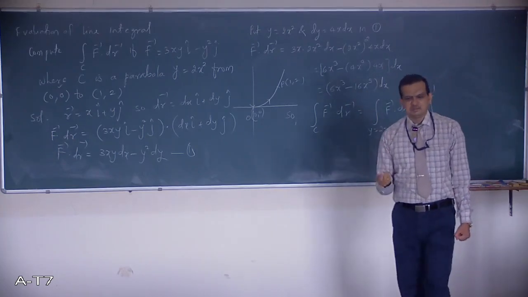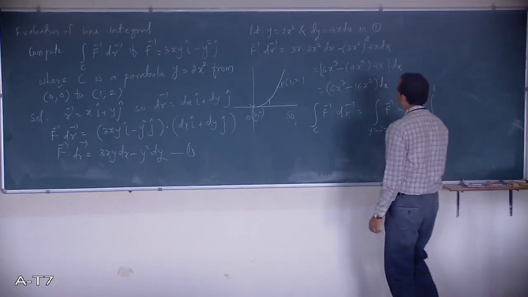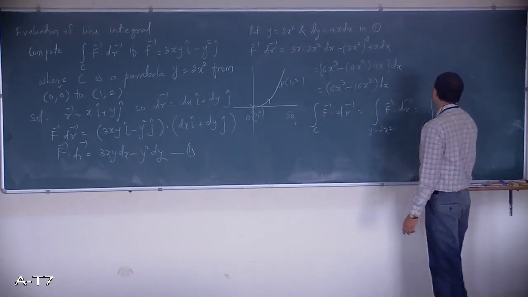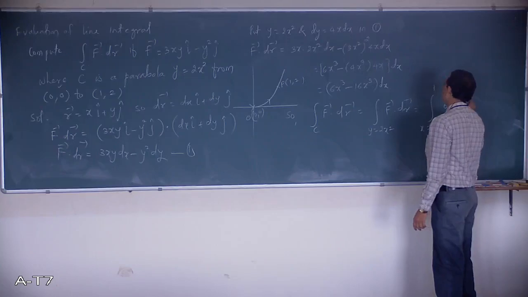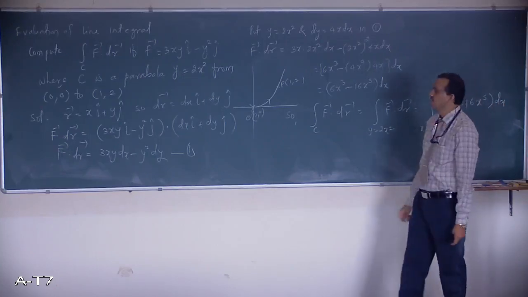I hope this is very simple. No explanation required for this. X is 0 to 1 because we are taking everything in terms of x. We get this as 6x cube minus 16x raised to 5 dx.